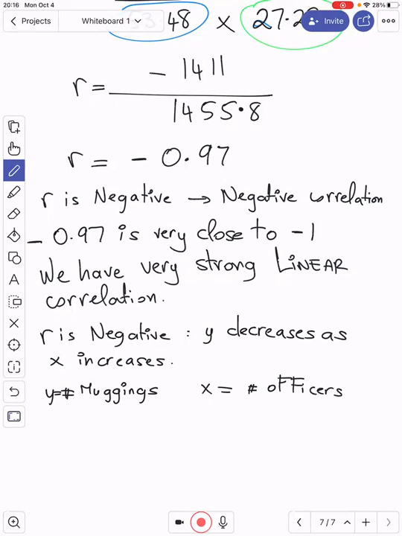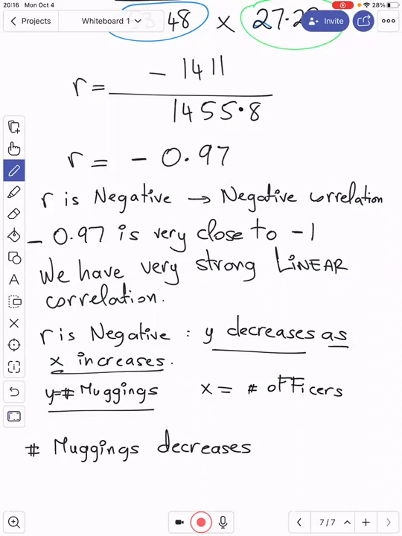So what we are saying is that Y, the number of muggings, actually decreases as X increases. X is the number of officers. So as the number of police officers increases, the number of muggings decreases. Okay, so that's the conclusion here.